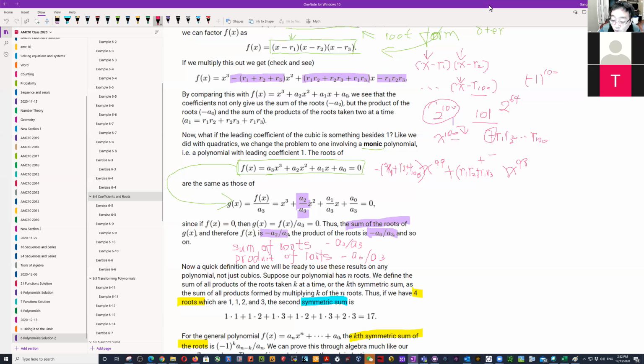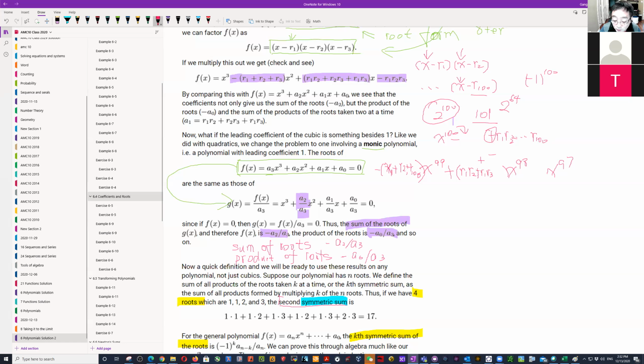We actually have a terminology for this. It's called the second symmetric sum. So the x to the 98 coefficient is going to be the second symmetric sum. Then the x to the 97 coefficient is going to be the third symmetric sum.